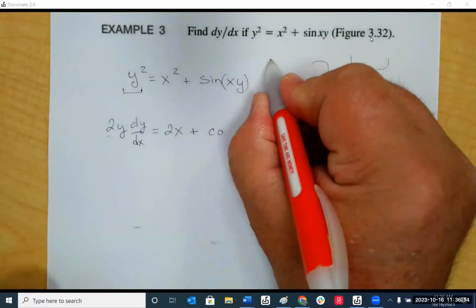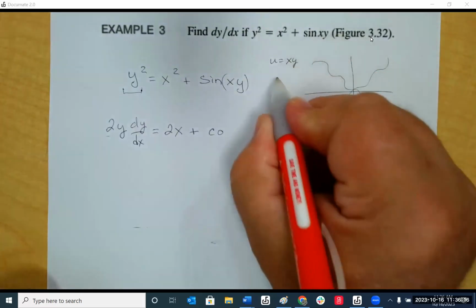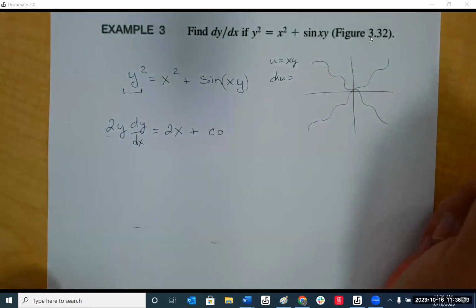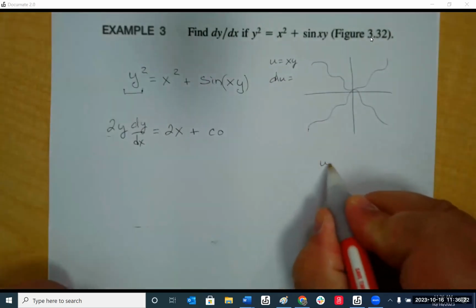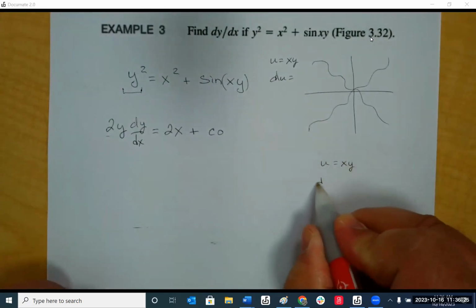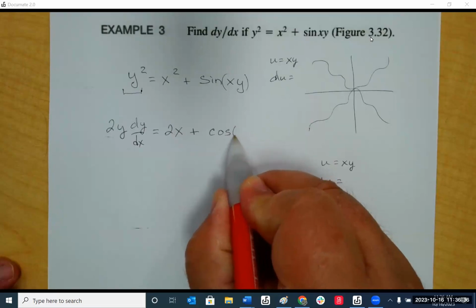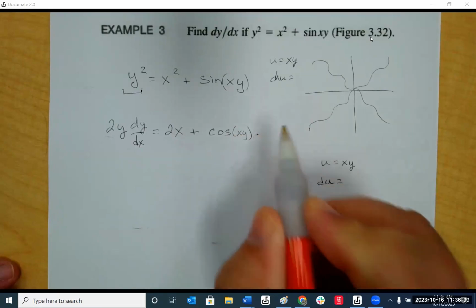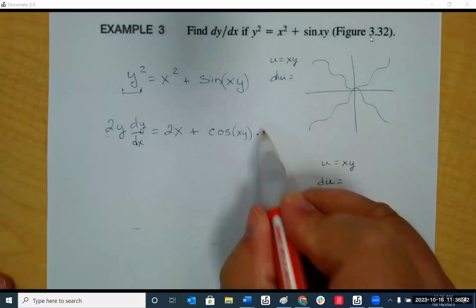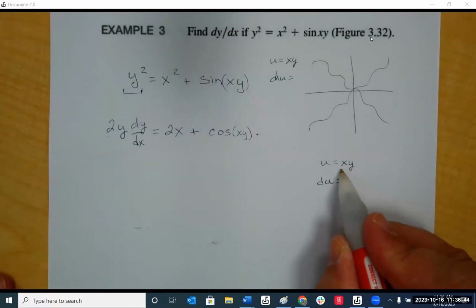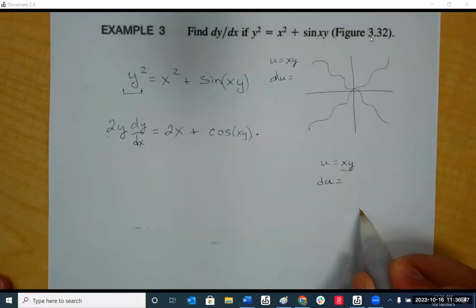Now xy is equal to u. Let me put it over here: u equals x times y. So du would be cosine xy times, we've got to use the product rule. So we have x, y; the derivative of x is 1.